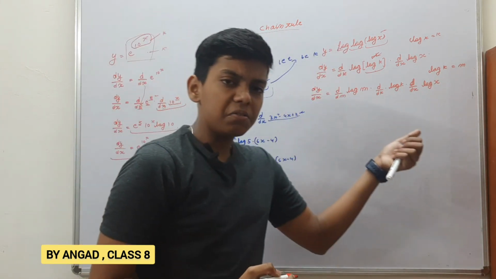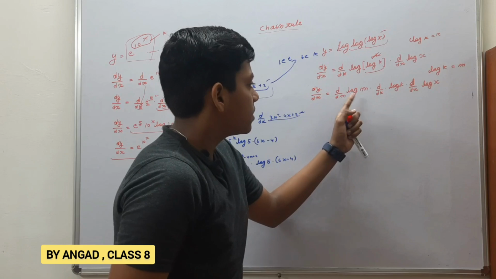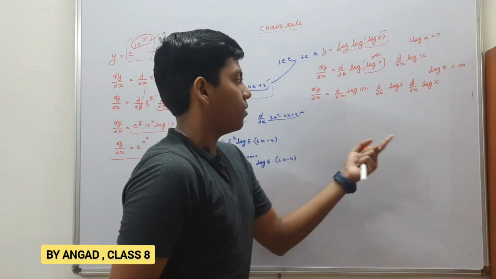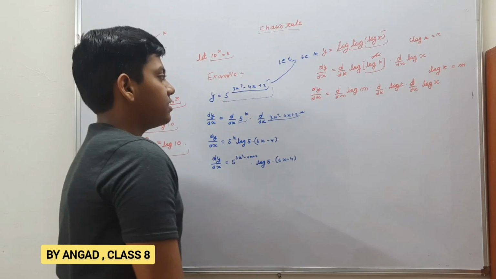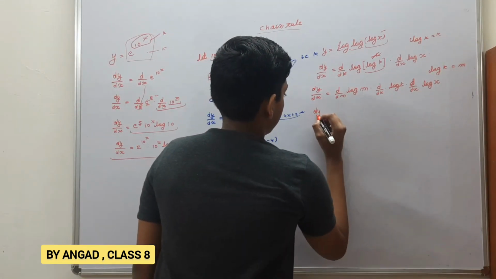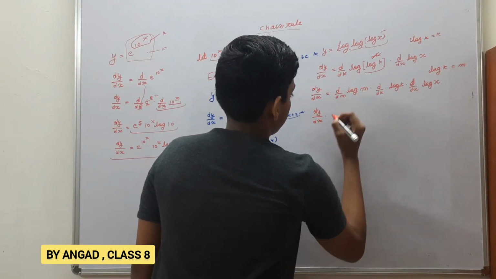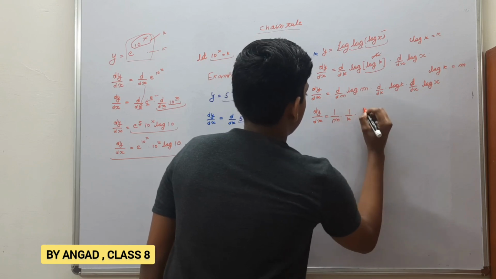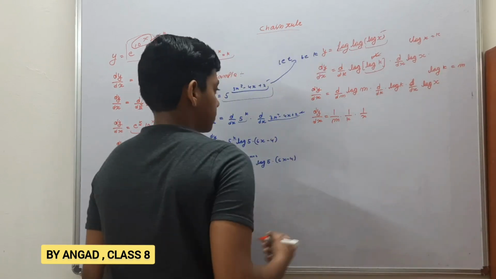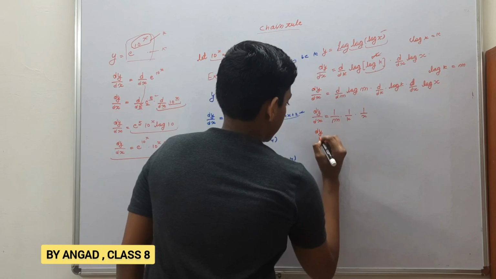Now can this be solved? Yes, it is log m with respect to m, log k with respect to k, log x with respect to x. We can easily solve it. dy by dx will be 1 by m into 1 by k into 1 by x.